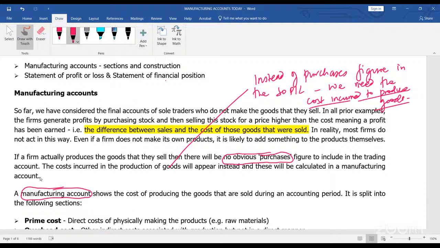Ladies and gentlemen, a manufacturing account is prepared to determine the cost of the goods that have been fully manufactured.